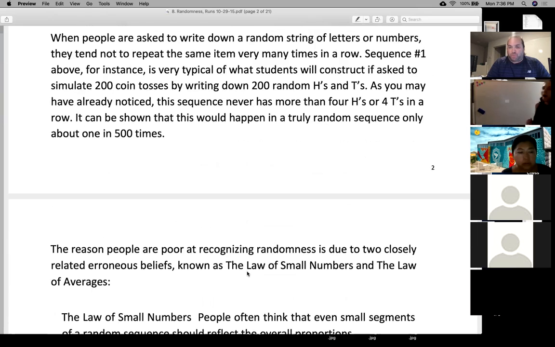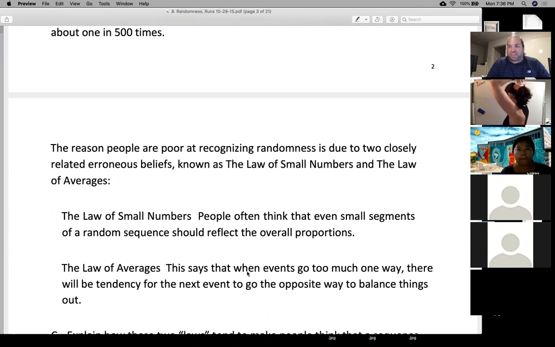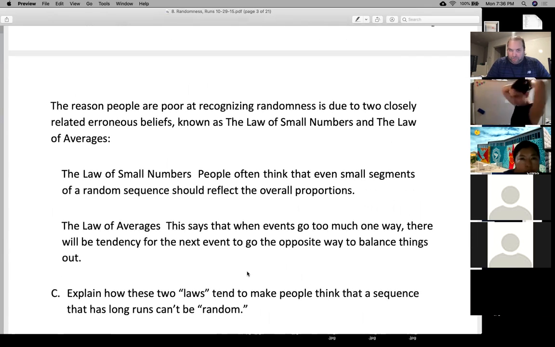So in a truly random sequence, you've got to expect to have streaks. And the reason people are poor at recognizing randomness is due to 2 closely related erroneous beliefs known as the law of small numbers and the law of averages.